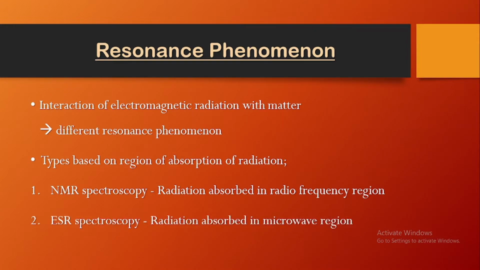The second type is ESR spectroscopy, that is electron spin resonance spectroscopy, and here the absorption of electromagnetic radiation by matter lies in the microwave frequency range of the electromagnetic spectrum. So based on the type of radiation absorbed, mainly we have NMR and ESR spectroscopy. Today we are going to deal with ESR spectroscopy in detail.